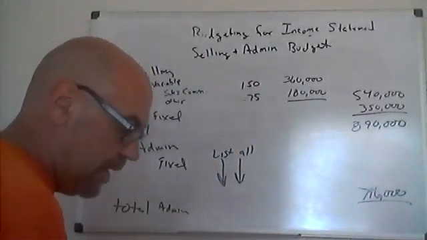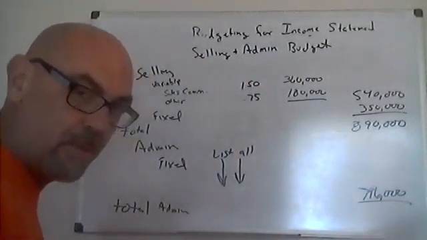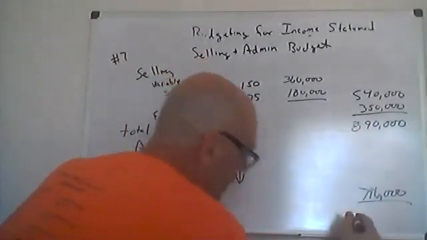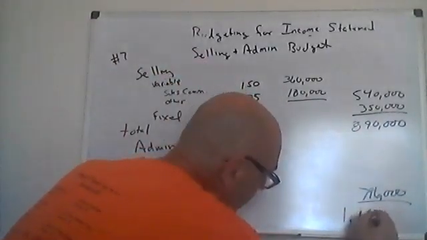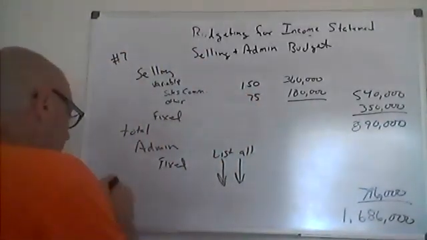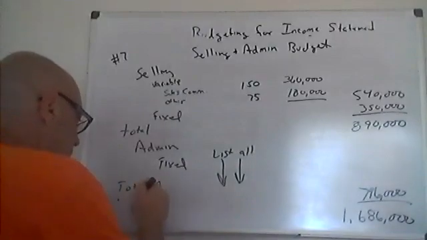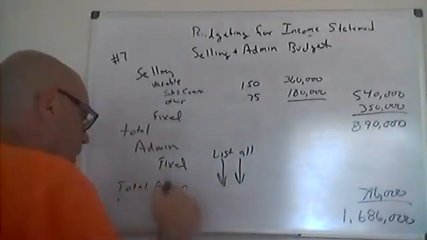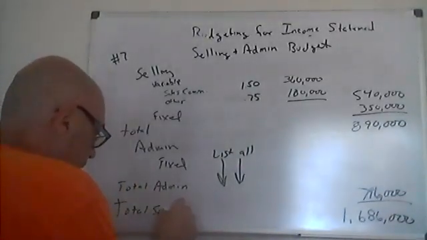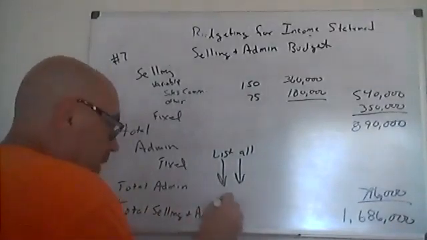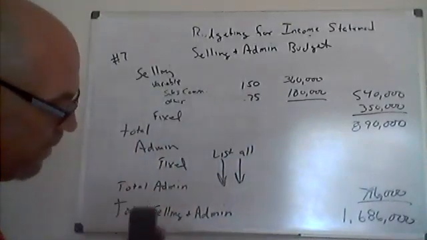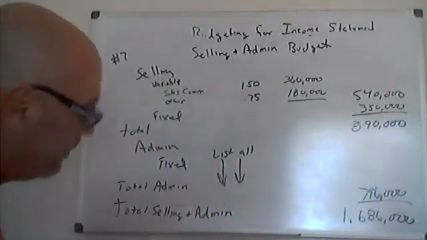And then you will want to go ahead and add them together because we're going to put it onto our budgeted income statement, which is our next step as a total. So when you add those two together, it is 1,686,000. See that? Total admin, and then another heading for total selling and admin together. Okay, and that is number 7, budgeting for selling and administrative expenses.